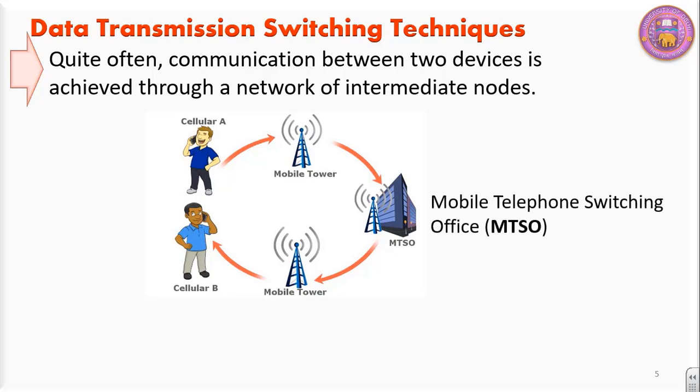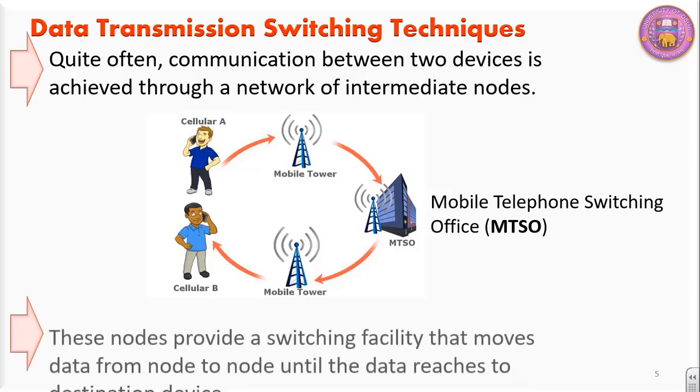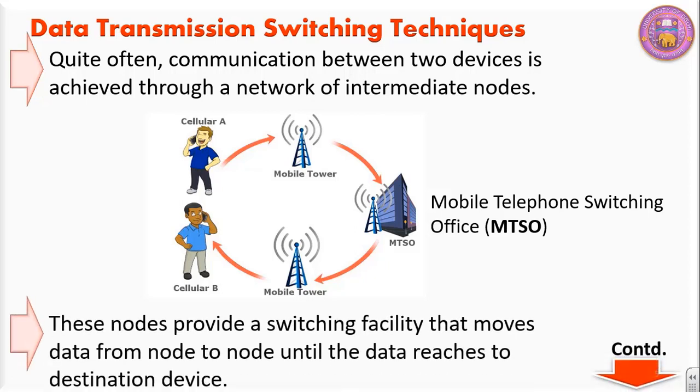For example, here you can see two persons talking to each other, and they are connected to mobile towers, and mobile towers are connected to mobile telephone switching office. So we find that communication between two devices is achieved through a network of intermediate nodes. These nodes provide a switching facility that moves data from node to node until the data reaches the destination device.